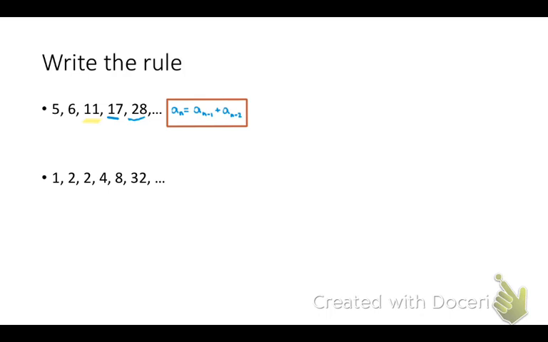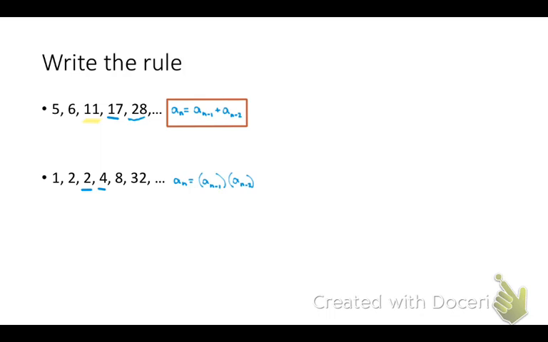Same way like on the second one, what did I do to get the third term? Multiply the first two together. Same way, to get the fourth term, I had to multiply the second and the third term together. So then I would just write it out as a sub n equal to a sub n minus 1 times a sub n minus 2.